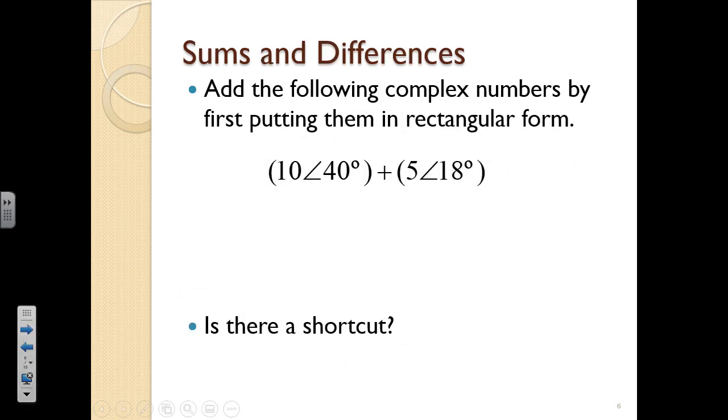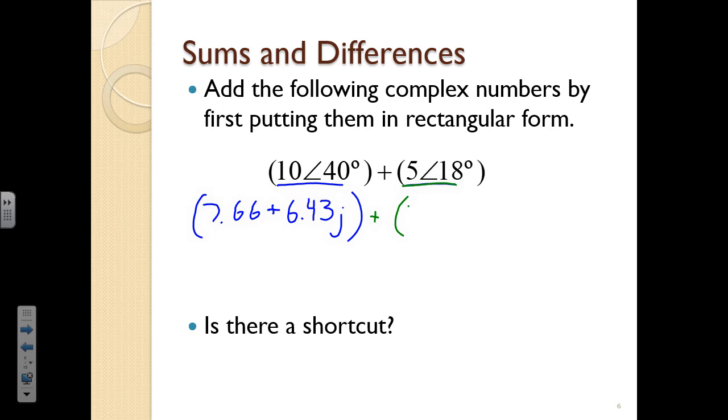Okay, what about adding and subtracting? Let's say we have those same two complex numbers in polar form, 10 at 40 degrees and 5 at 18 degrees. We've already done this, but we know that 10 at 40 degrees turned out to be 7.66 plus 6.43j, plus this second number, which turns out to be, as we saw earlier, 4.76 plus 1.55j.